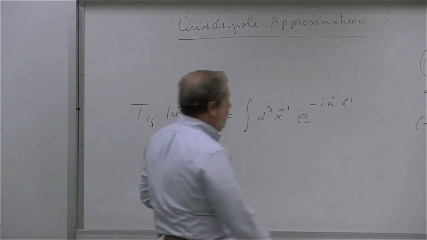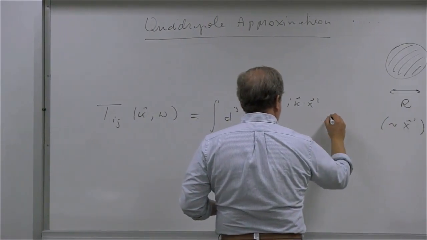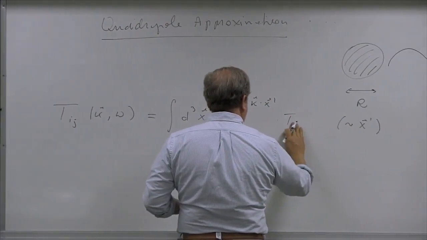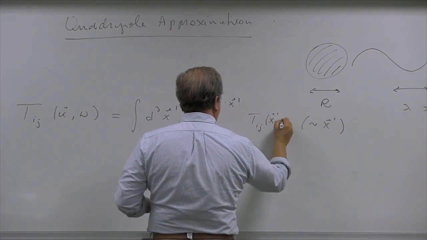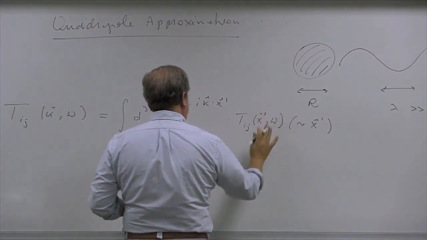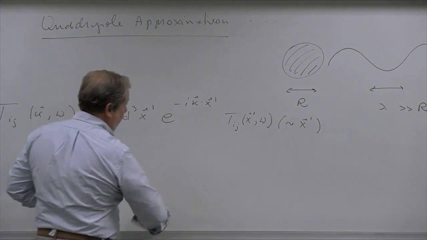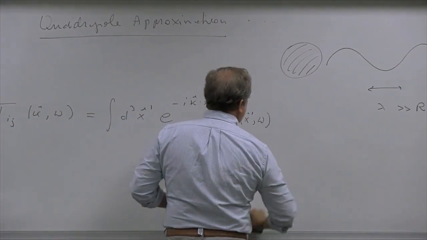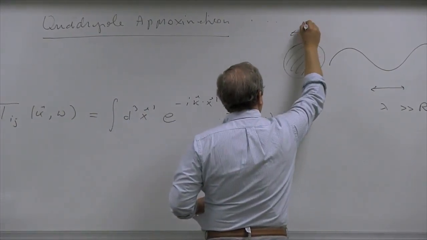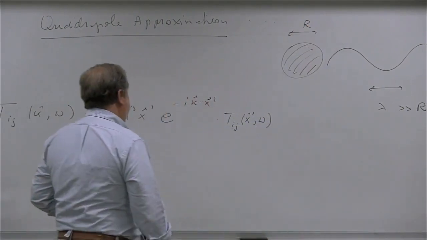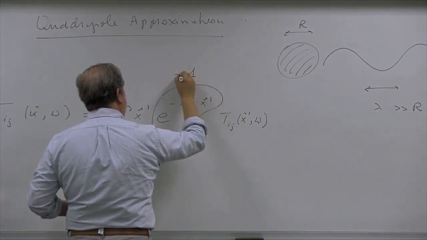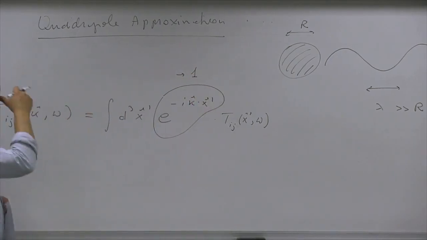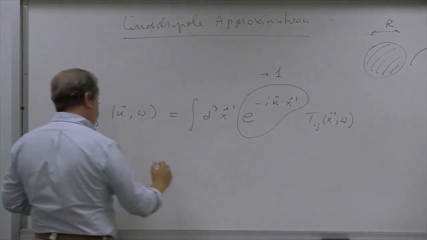So what appears on this side is just the Tij of x prime, and then, of course, omega stays the way it is, right? And so this factor is just taken to be equal to 1, right? And so that's all there is to it.